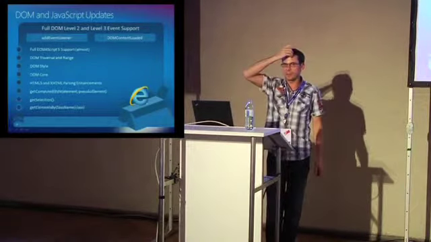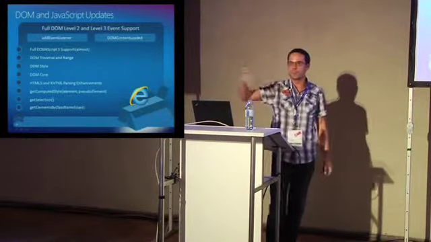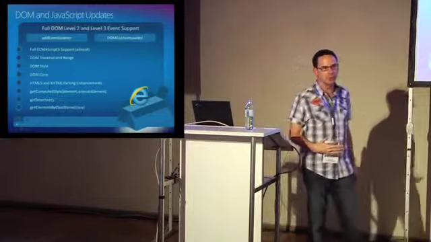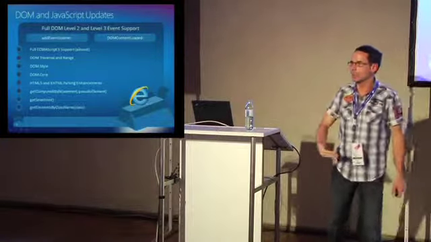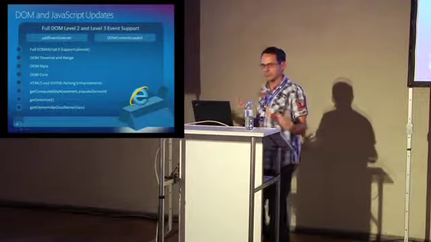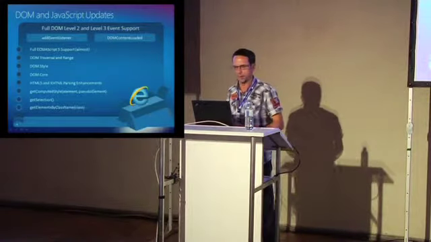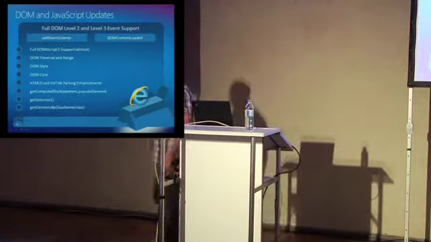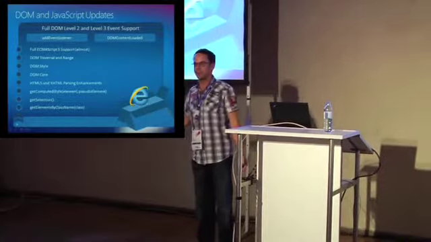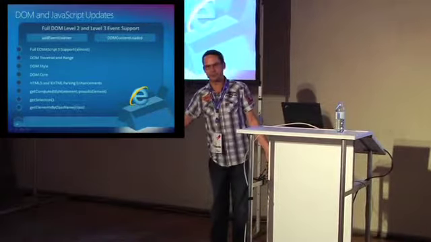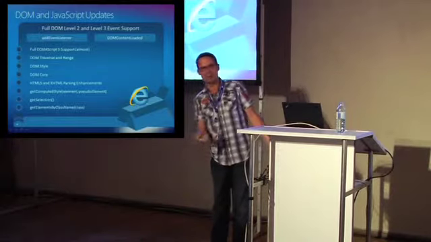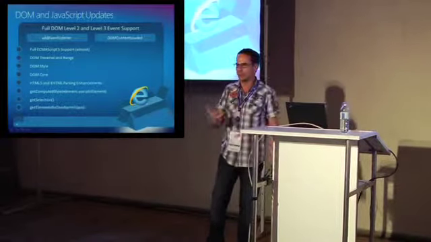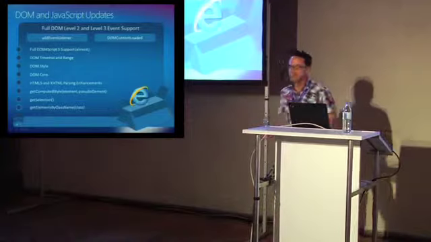I mentioned there was one thing that we don't have, and that's strict mode, but we've got everything else in there. There are still opportunities to try them and play with them, so I really encourage you to do that. We have full DOM level 2 and level 3 event support, which means addEventListener finally works. You don't need to write multiple lines of code to make things work in IE9.